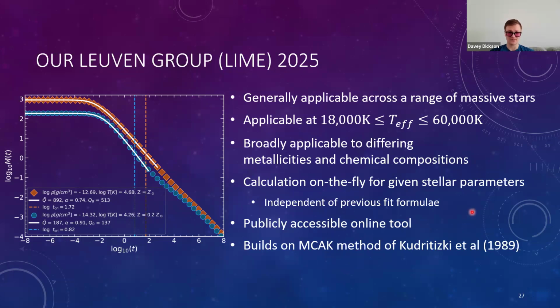Because of this on-the-fly approach, this line model is able to fit not just different metallicities, but more unique chemical compositions, where, for example, you have an overabundance or underabundance of a particular element compared to what would be the standard for that metallicity.